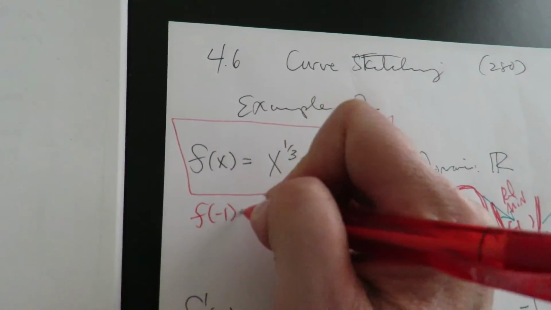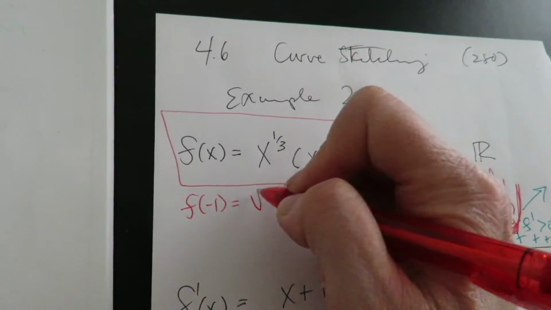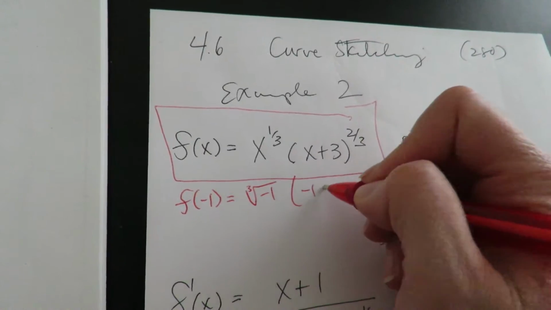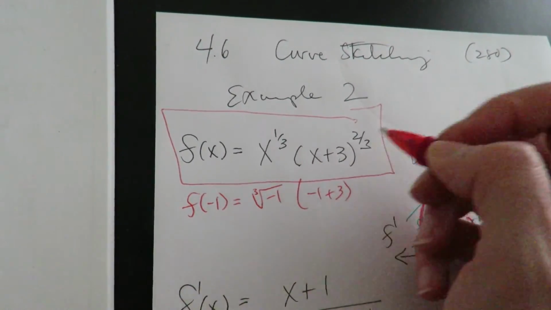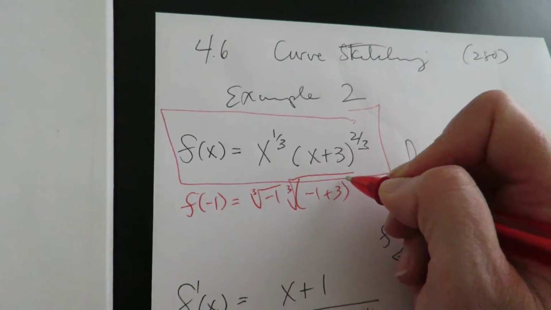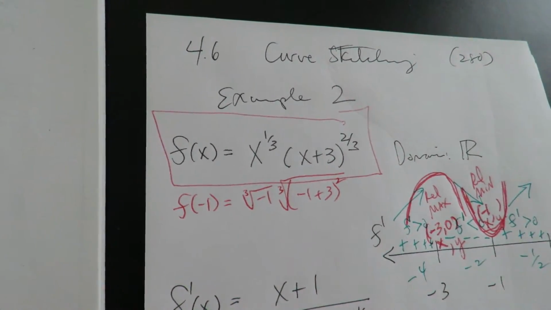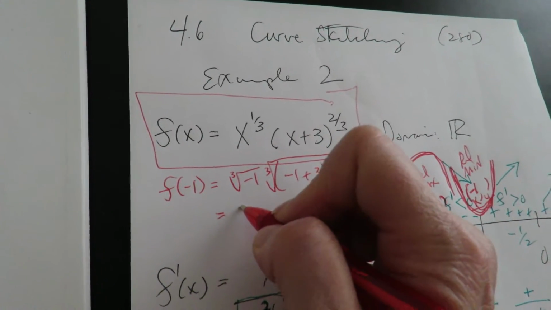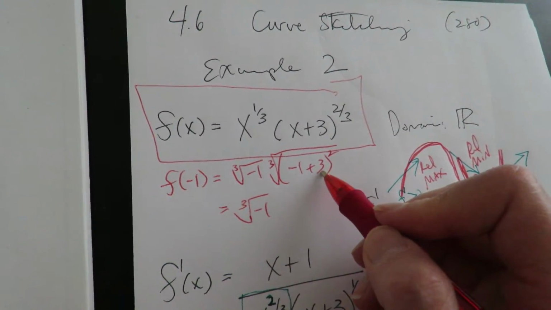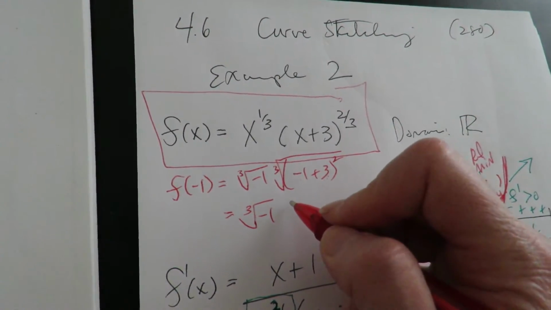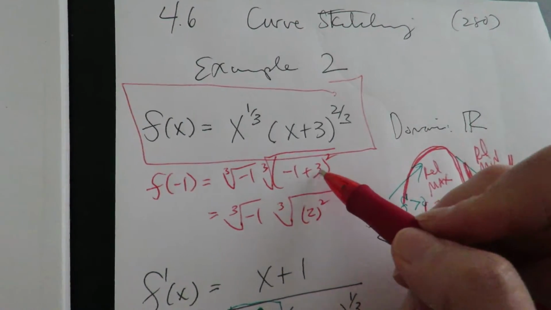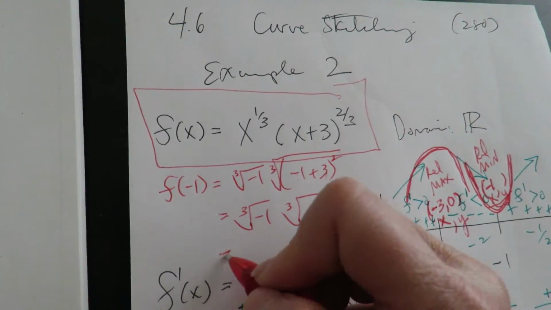So -1: you're taking the cube root of -1, and you're doing -1 plus 3, to the cube root and then squaring it, or whichever order you want to do that in. You can square it first. So it's the cube root of -1, and -1 plus 3 is 2. So you're doing 2 squared, which is going to end up being 4.